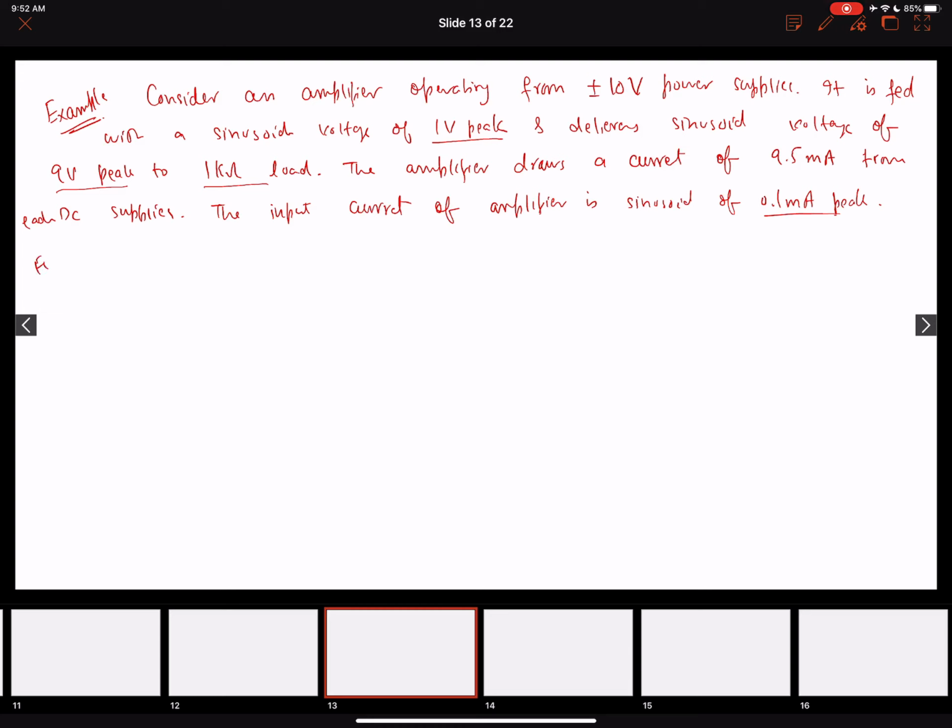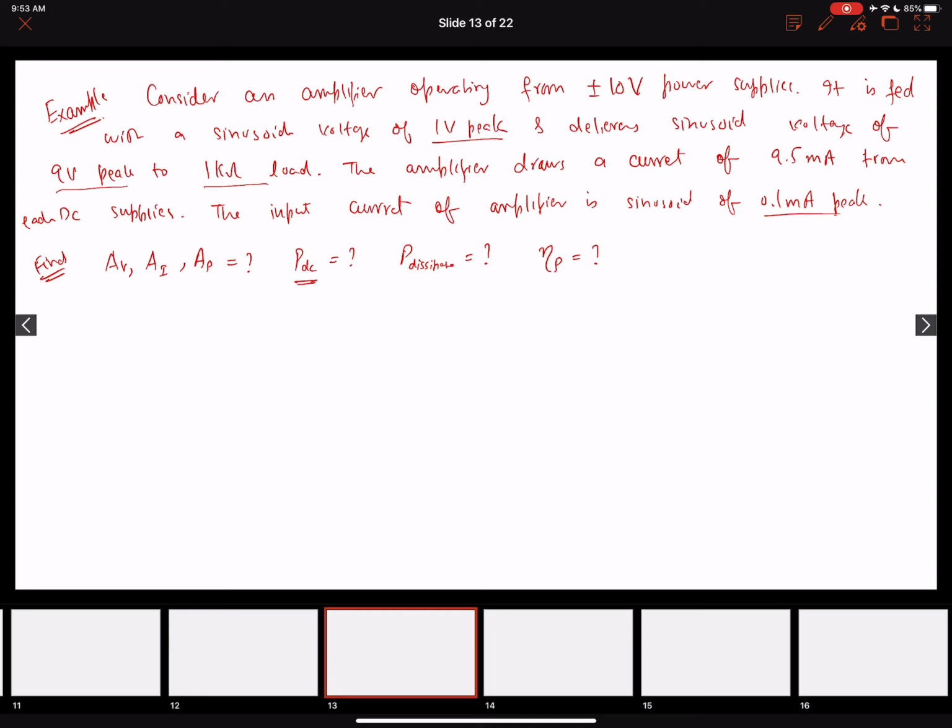Okay, so what do we need to find in this? We need to find the value of AV, the voltage gain, the current gain, AI, and the power gain, AP. Plus we need to find PDC, which is the power delivered to the amplifier from the power supplies. We need to find the power that is dissipated in the amplifier circuit, and we need to find the power efficiency, the amplifier efficiency.